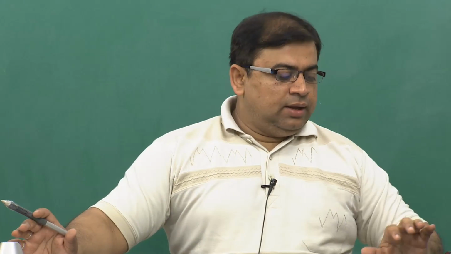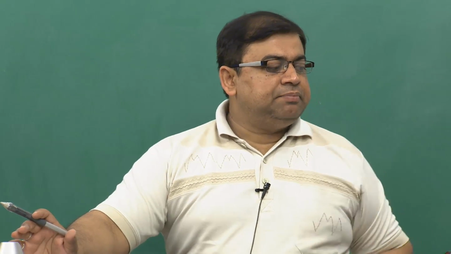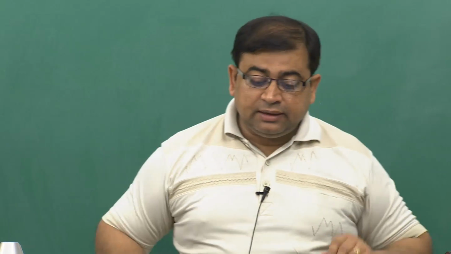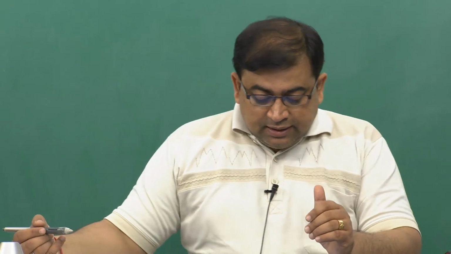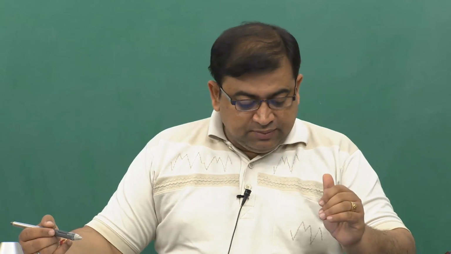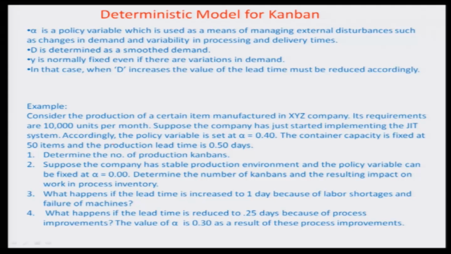Okay. So, let us look at an example problem, where we talk about determination of the number of Kanbans deterministically, as we have seen before. So, let us consider the production of a certain item manufactured in XYZ company, and its requirements are about 10,000 units per month.